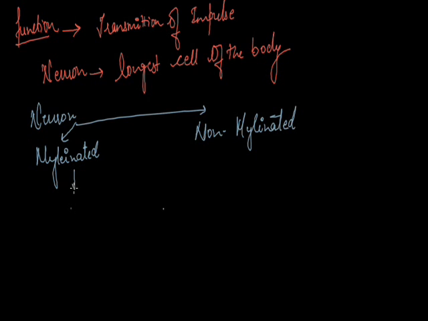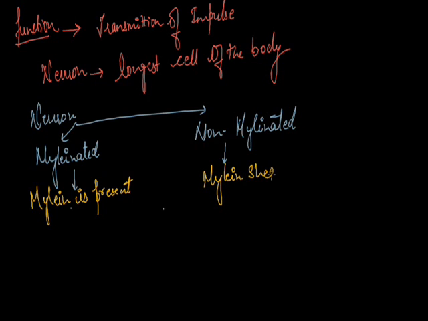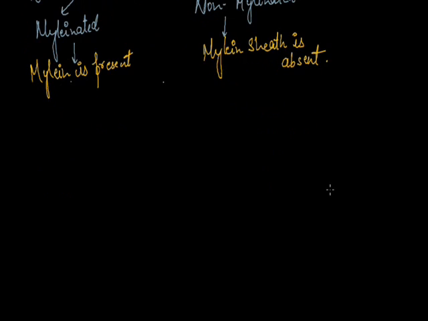In case of myelinated, the myelin sheath is present, while in non-myelinated, myelin sheath is absent. Next, this myelin sheath is made up of Schwann cell.